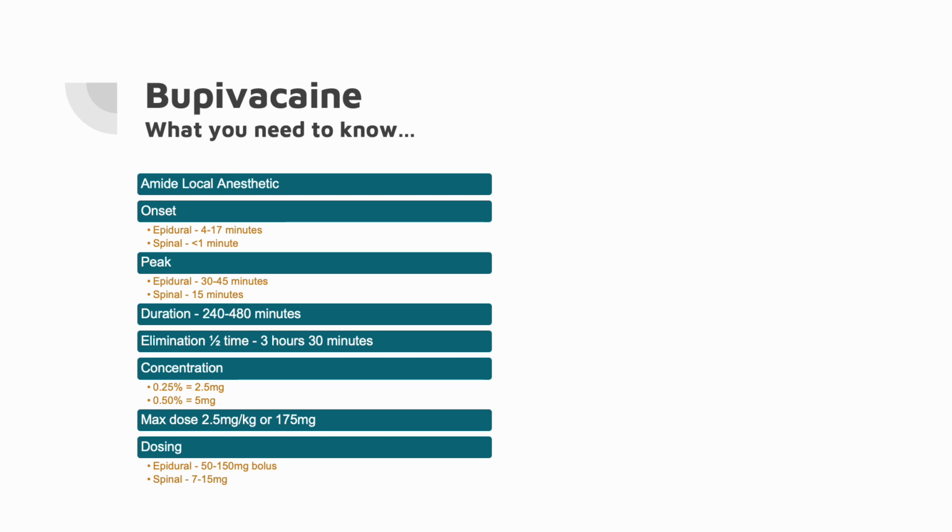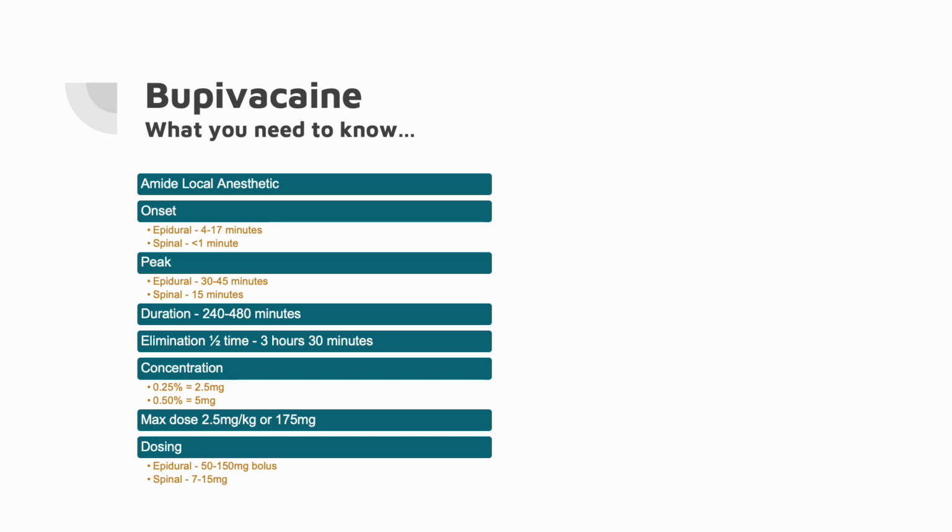It comes in different concentrations. Two of them are here. There's more out there, but you've got 1/4%, 0.5%, and those end up being 2.5 milligrams or 5 milligrams. We'll go over the math in just a minute. Our maximum dose is going to be 2.5 milligrams per kilogram or 175. And my rule of thumb is less is more.